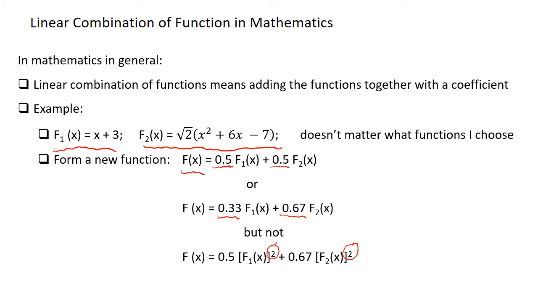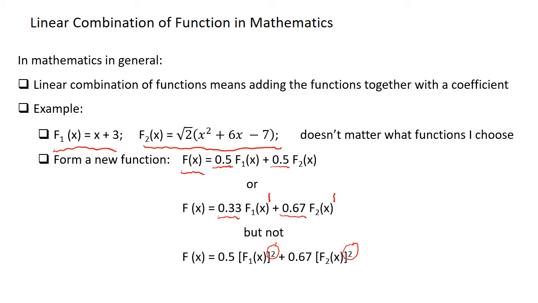That wouldn't be a linear combination. So linear means that each of these functions that I add together to get my new function, f of x, has to be taken to the first power. So it's understood that I mean f of x equals 0.33 times f1 to the first power, 0.67 times f2 of x also to the first power.